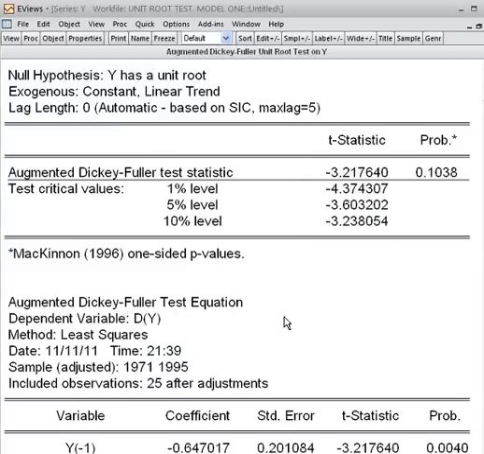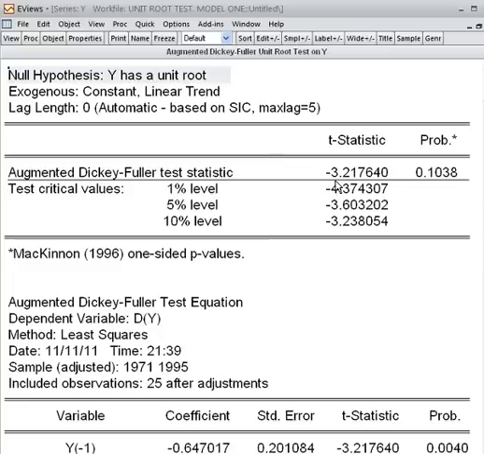Then I press OK. So you can see here, null hypothesis, y has a unit root, and it has both constant and trend. And you can see the probability value, how much? 10.38%. It means it is more than 5%, so we cannot reject the null. We accept the null hypothesis, meaning that y has a unit root.